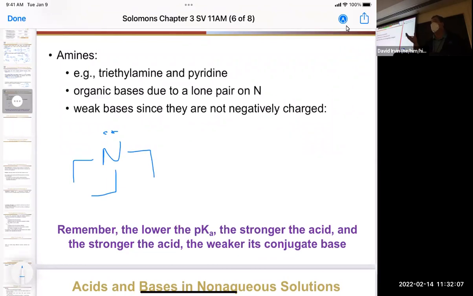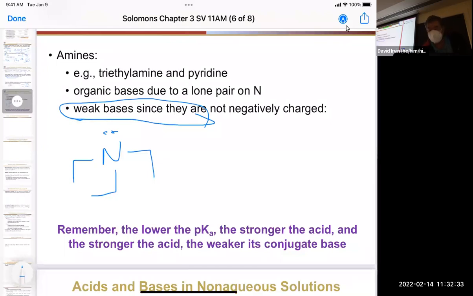So that means our amines with that lone pair are basic. Now, they're not very strong bases unless they're negatively charged. That sodium amide, or that nitrogen with a negative charge on it, are stronger bases. But neutral amines also are bases used in organic chemistry.